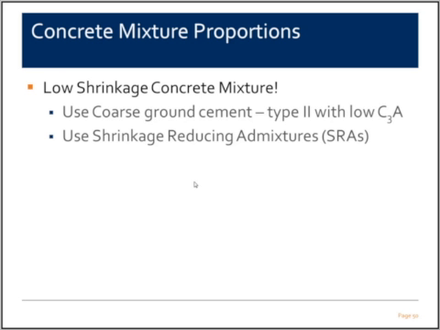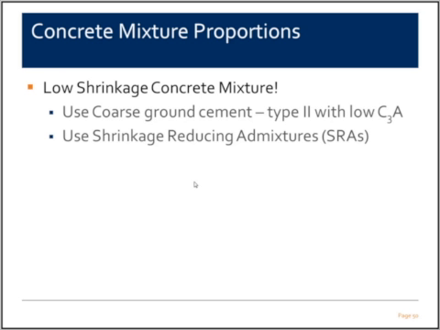I see shrinkage reducing admixtures used a lot more in the last 5 years. And these actually do work. I can only speak from experience. I've used Grace's line of products in some of my projects, and their products can reduce the ultimate shrinkage by as much as 35%.